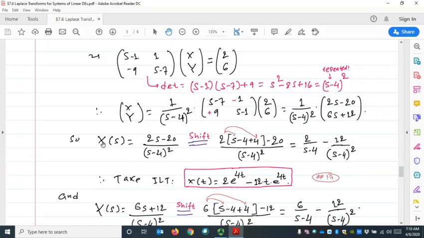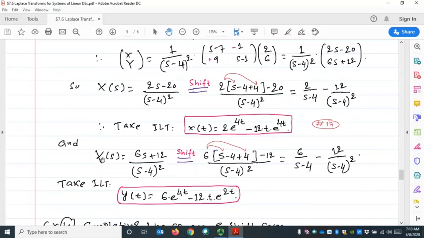So capital X becomes little x equals 2 times the inverse Laplace transform of 1 over s minus 4, which is e to the 4t, minus 12. The inverse Laplace transform of 1 over s minus 4 outside square is little t times e to the power 4t. I use formula number 17 in our Laplace transform table. Great. Let's move on.